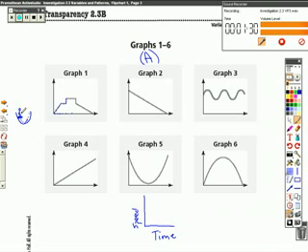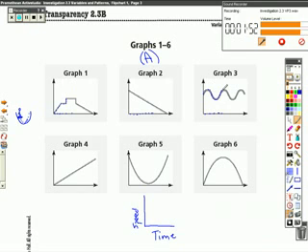All right, so graph 1, no. Graph 2, as the time goes by, his speed is decreasing. That's not going to work. Graph 3, as time goes by, his speed is increasing, and then he slows down, and then he increases. So that could possibly work.